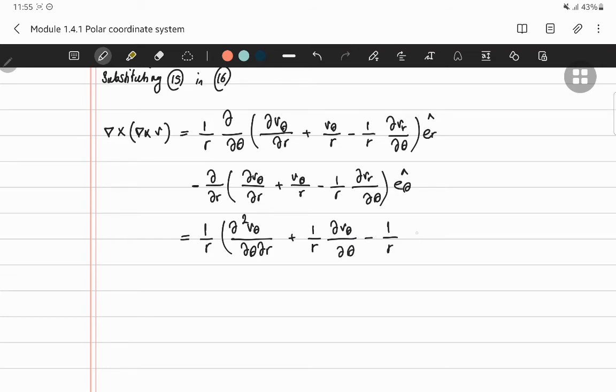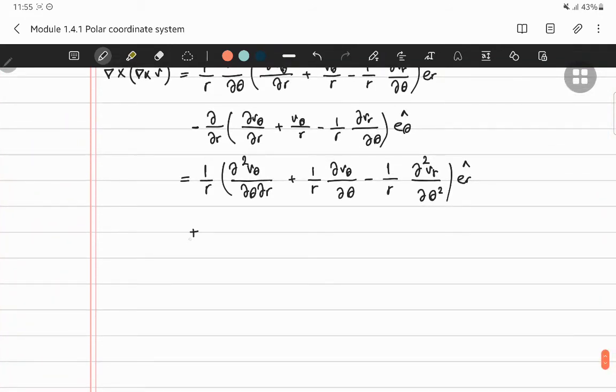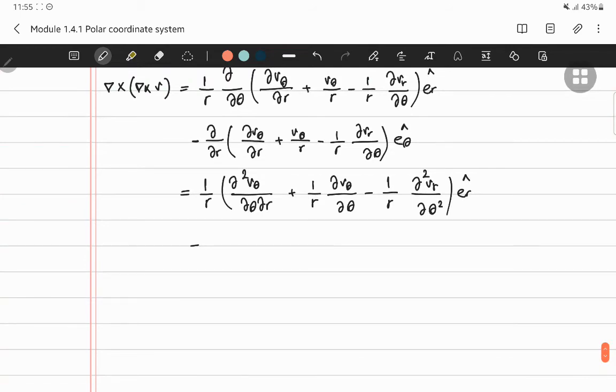Minus 1 divided by r, second partial derivative of vr with respect to theta, er, plus, oh sorry, minus. So this is with respect to r. So this is second partial derivative of v theta with respect to r.